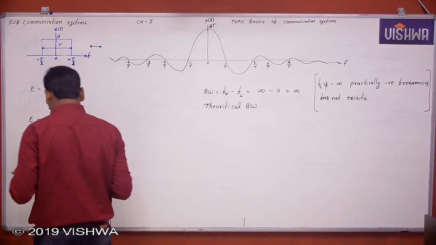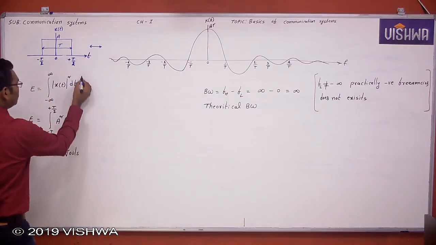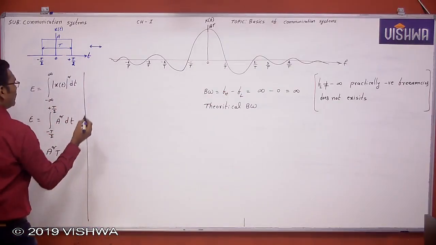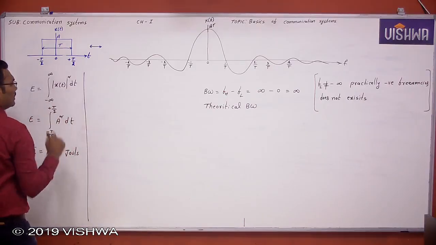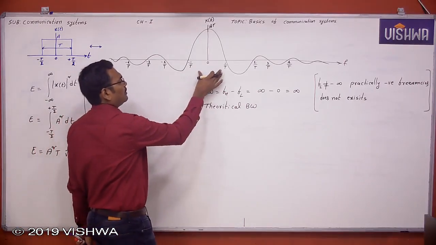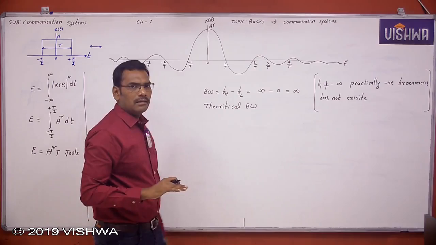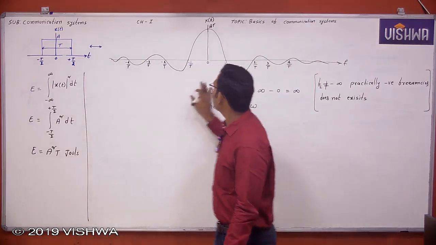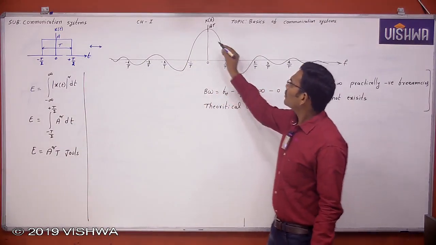Now you see here, this is the energy signal. Now this is the frequency domain signal. This is the signal in time domain and this is the signal in frequency domain. Now this is the major lobe.